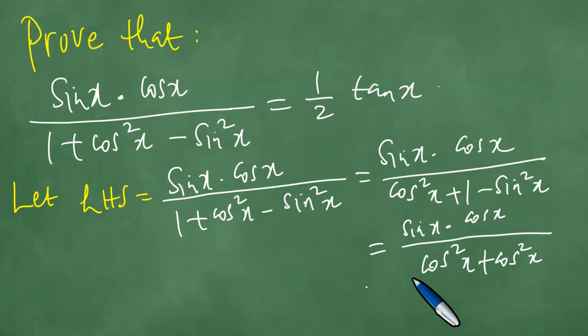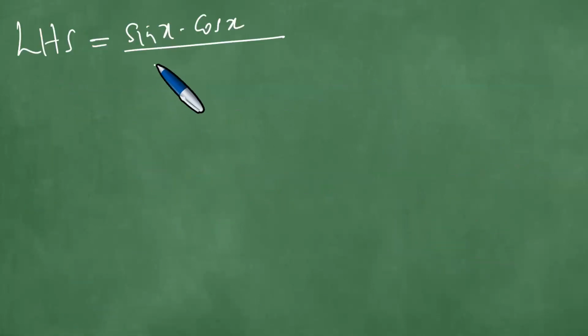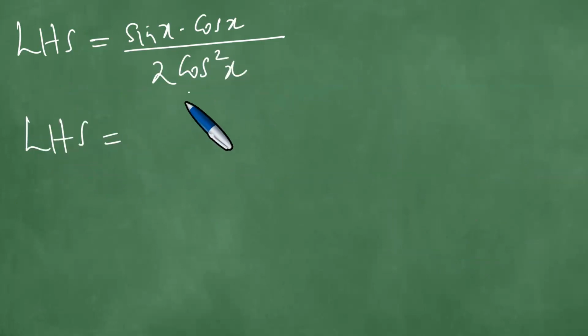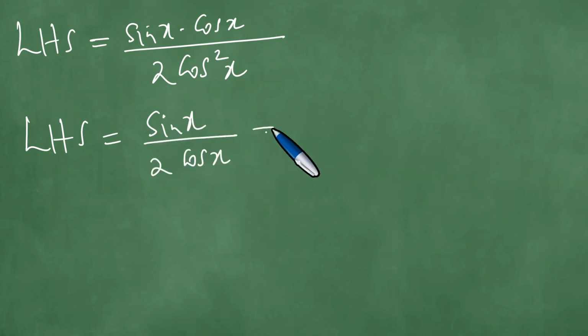So cosine squared x plus cosine squared x is 2 cosine squared x. Cosine divides, so cosine squared, cosine removes 1 from the square, and therefore you have sine x divided by 2 cosine x.